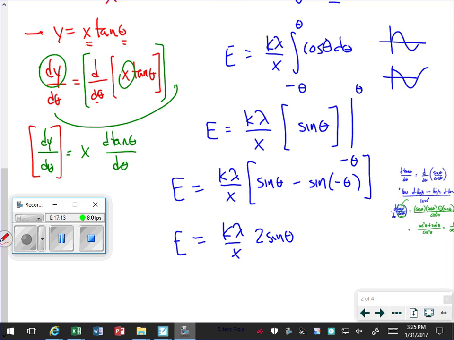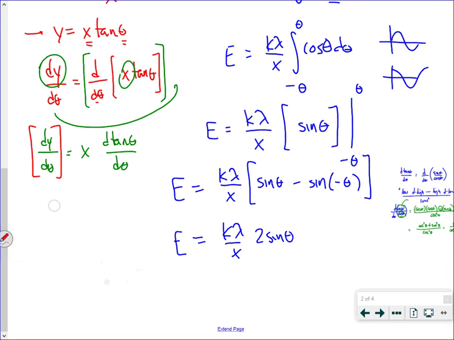So as I sometimes do, I just had to take a moment away and think about what this means. What it does mean is certainly the farther you get away from this stick of finite length, here's our stick again, as we go out from, say, here to here, X gets bigger, which makes the field weaker.